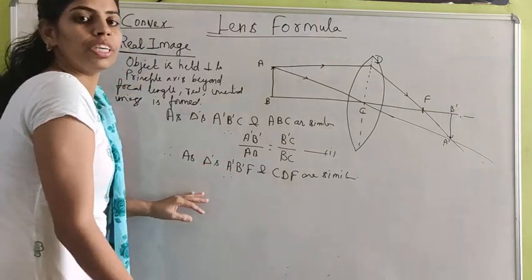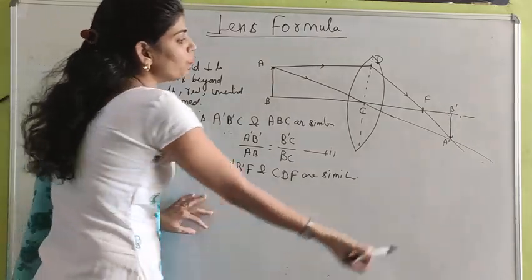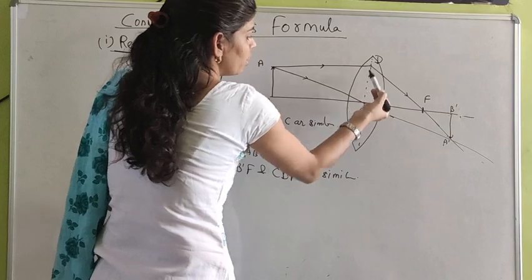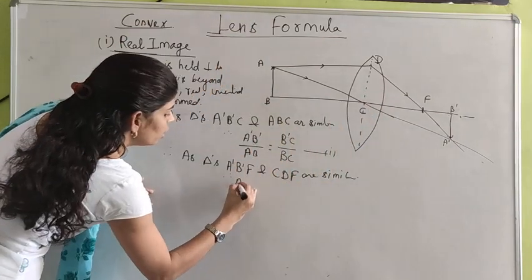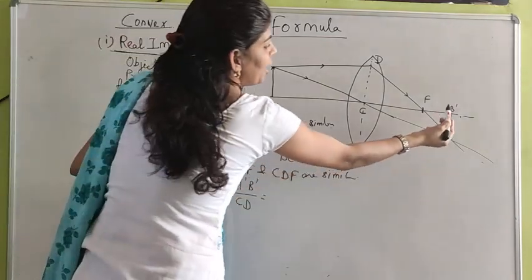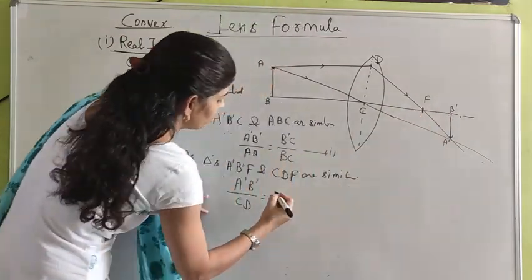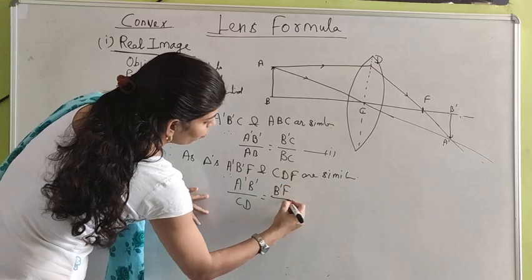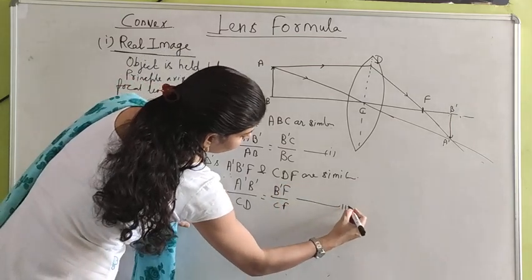Therefore, the ratio of their sides would also be equal. Therefore, A dash B dash over CD is equal to B dash F over CF, and this is the second equation.